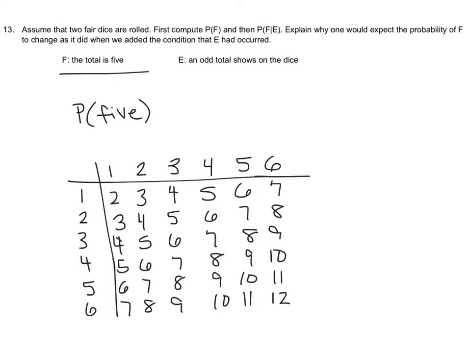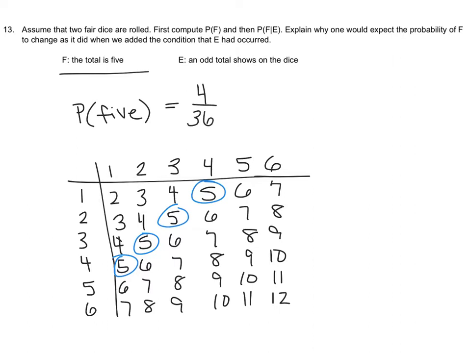Now I want to find the probability of getting a total of 5. So I'm just going to circle all the 5s in my chart. I have 1, 2, 3, 4. So the numerator of my probability is the number of times that 5 occurs, and that would be 4 times. The denominator is the total number of outcomes, and there are 36 possible outcomes.